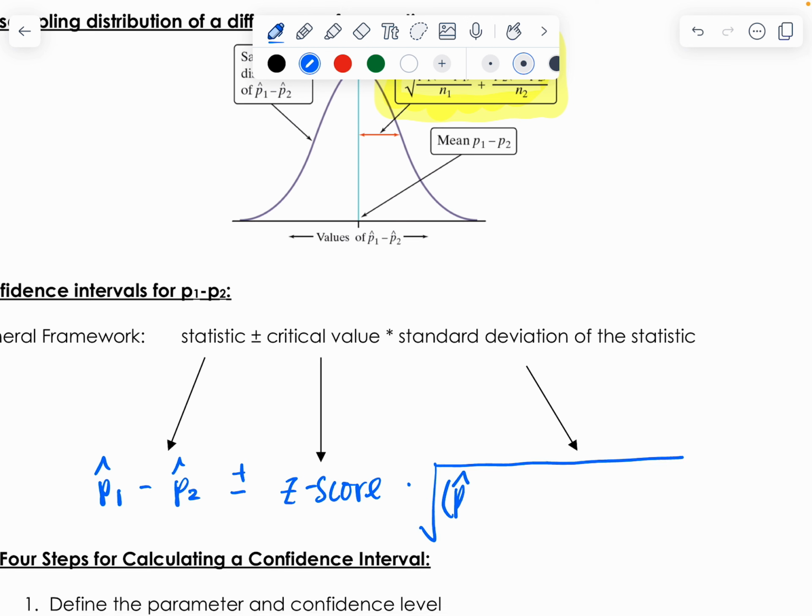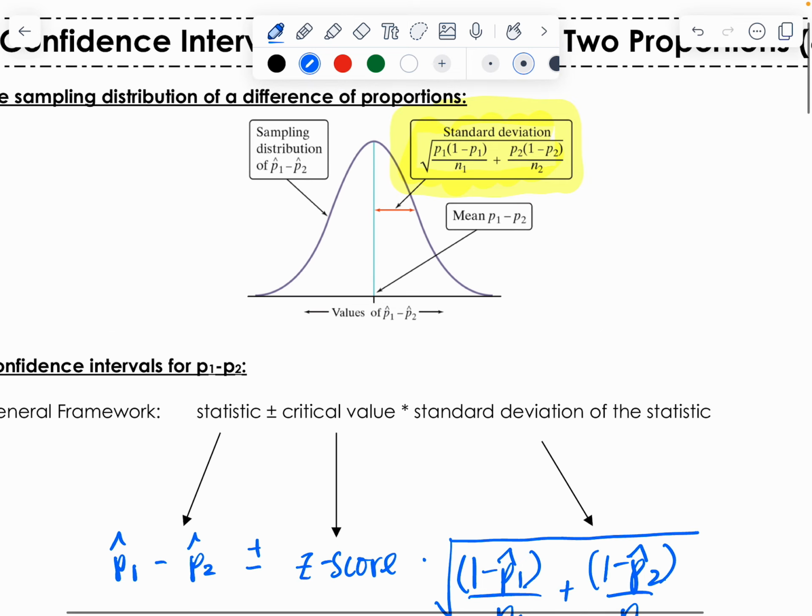So p hat 1 times 1 minus p hat 1 over n1 plus p hat 2 times 1 minus p hat 2 over n2. Right, so that is what is given.